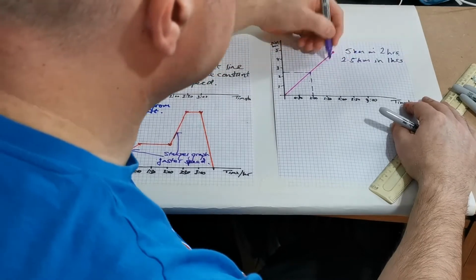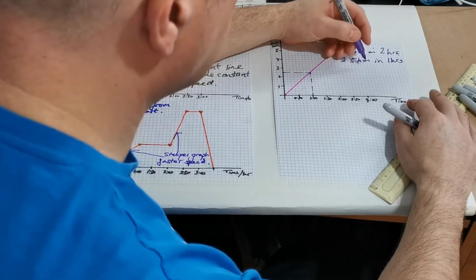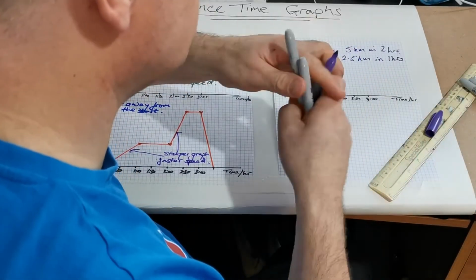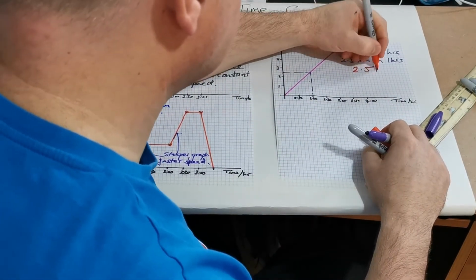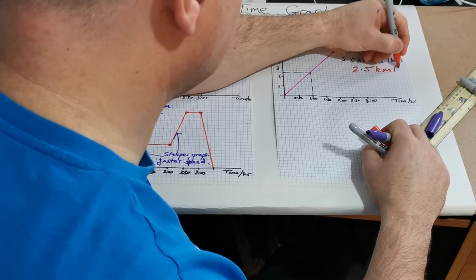And it'd be no surprise to you that, if we're assuming that we've got constant speed, we would write that as 2.5 kilometres per hour.